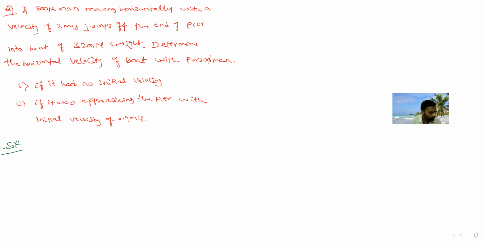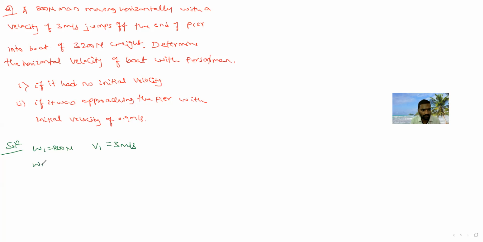Weight is W. So W1 is equal to 800 Newton. Then moving with the velocity, what is that velocity? V1. Person velocity is given. How much is it? 3 meter per second. Then he jumps off the end of the pier into a boat of 3,200 Newton weight.